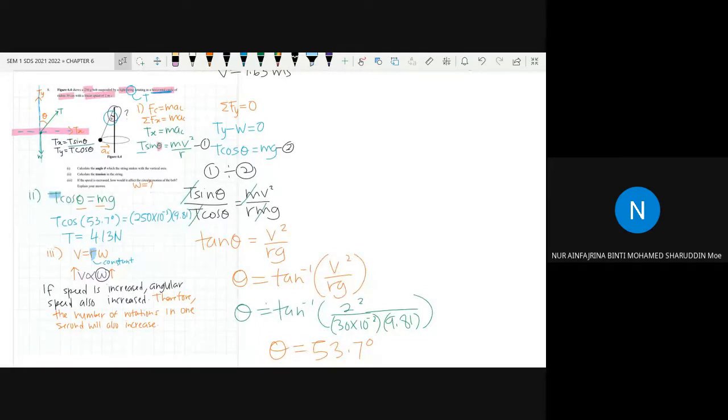Okay, I'll give you a few minutes. Once you guys are done and understand this question, press number 1 in the chat box. And if you are still 50-50 with this question, press number 2 in the chat box. Okay, make sure to write this one in sentence form.